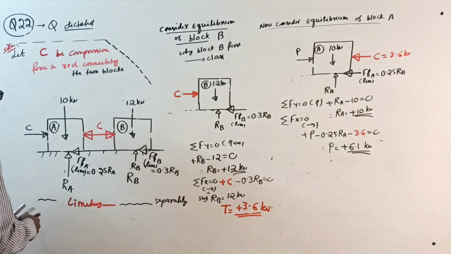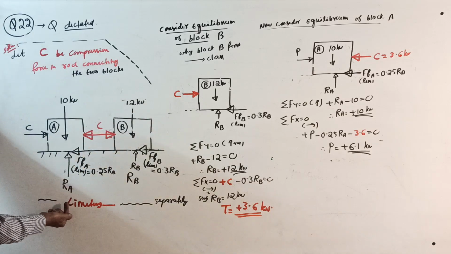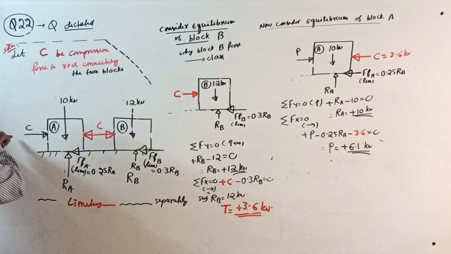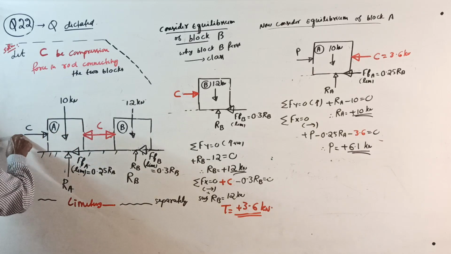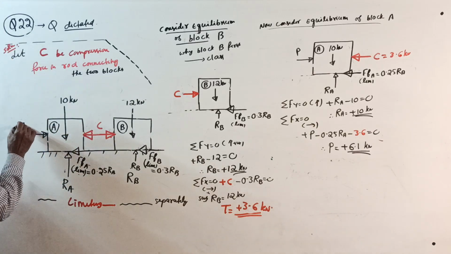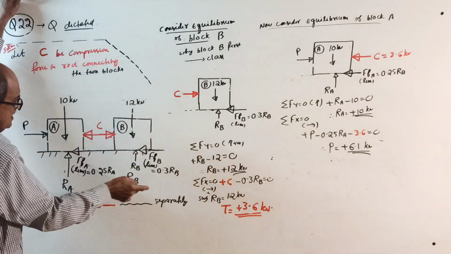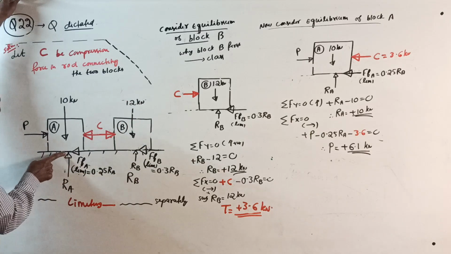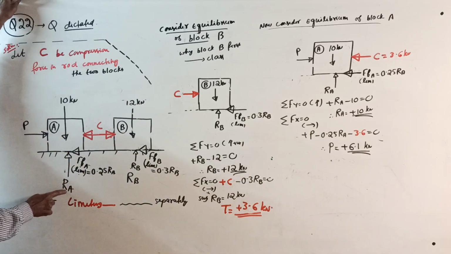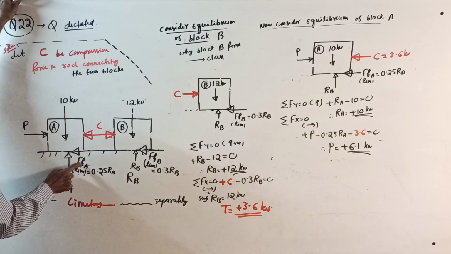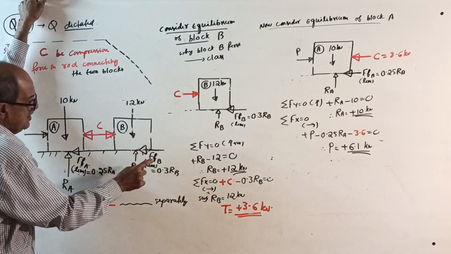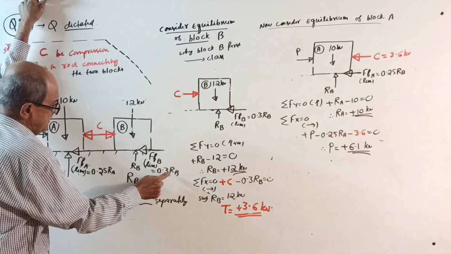Now weight down, normal reaction RA, compression C. Sorry, this is not C, this is P. And this is compression. Weight 12 kilonewton. Friction coefficient is given 0.25, so if it is RA, 0.25 RA is FA limit. Here, FB limit is 0.3 RB.